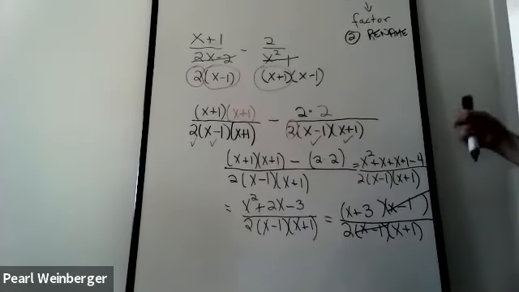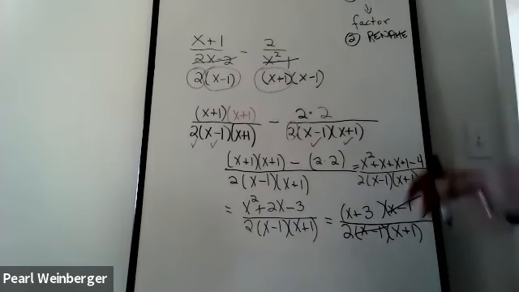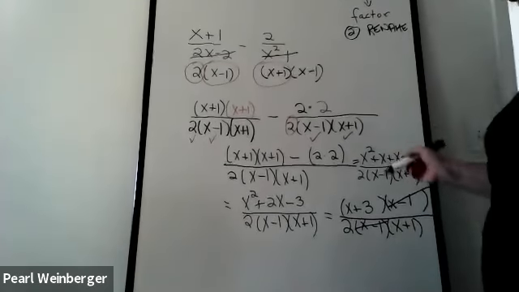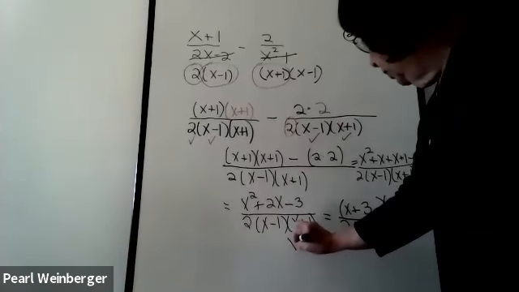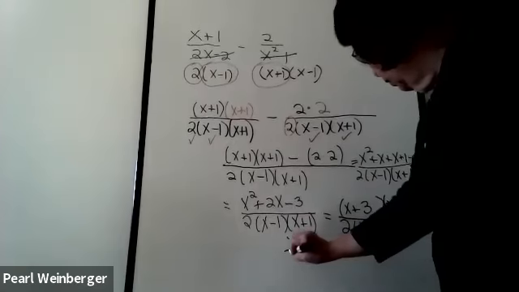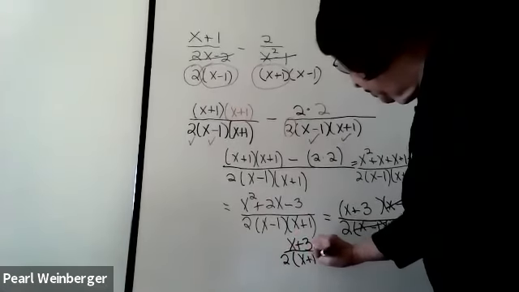Remember, when you're reducing fractions, you can only cancel out factors, not individual terms. So that we're left with, as my final answer, x plus 3 on top and 2 times x plus 1 in the denominator.